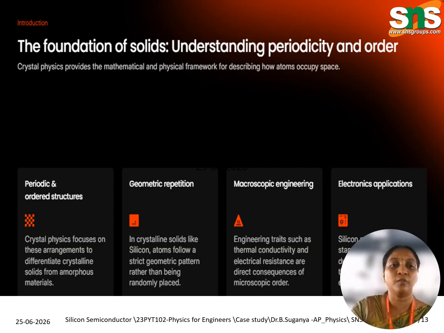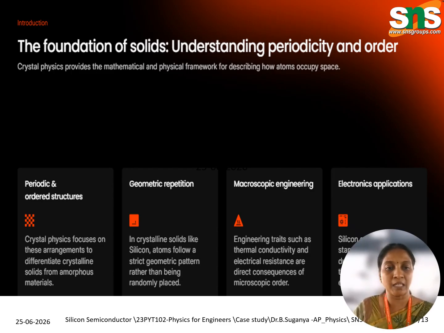So the foundation of solids: understanding periodicity and order. They have a periodic ordered structure. Crystal physics focuses on this arrangement in crystalline solids, as opposed to amorphous materials. Geometric repetition means a single unit cell is continuously repeated to form a perfect crystal structure.